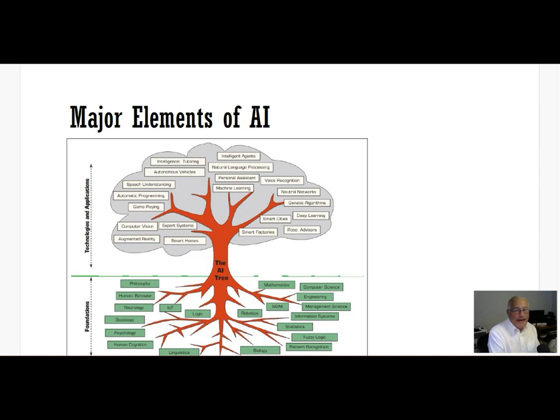So by having that foundation, it allows us to have the technology and applications that we're able to use. The applications are used for the creation of a number of things.